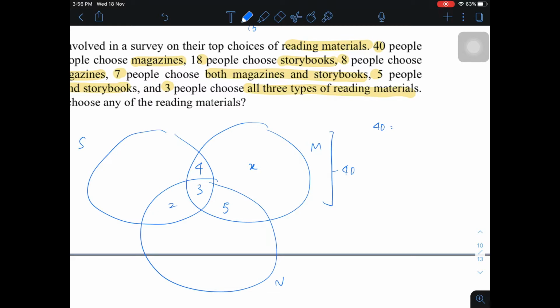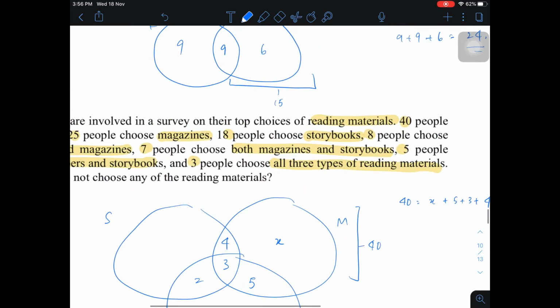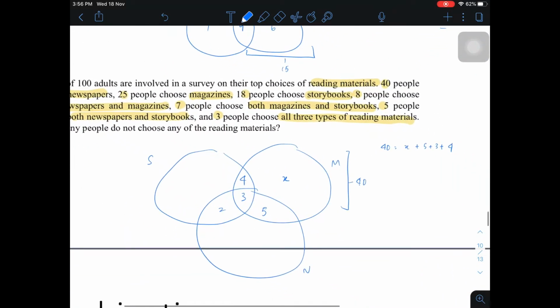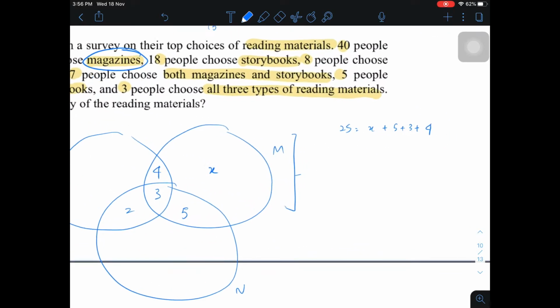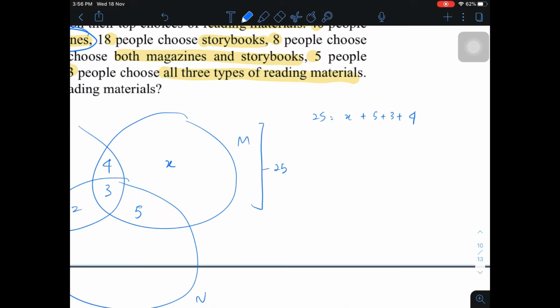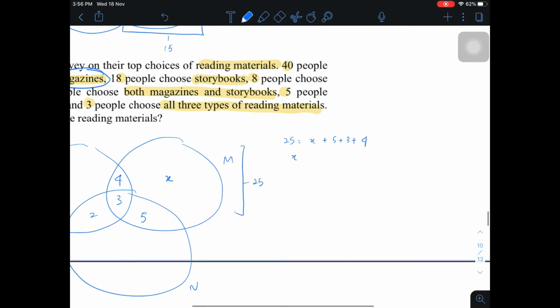So 40 is equal to x plus 5 plus 3 plus 4. So, hold on. Oh, sorry, I took the wrong value. Okay. So magazine would be 25. 25 is over here. See, that's the problem of having a lot of words in the paragraph. Right? So x, we can get 13.